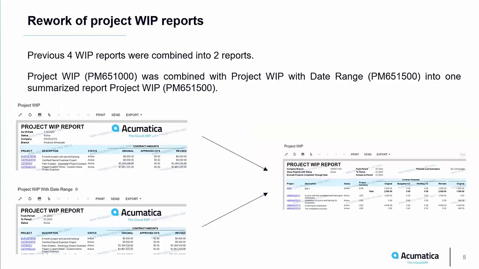Those 4 reports have been consolidated into 2 reports, one that runs with the date range and one that's in summary. They are using 2 of the existing project WIP report screens. So I will highlight those changes here momentarily.